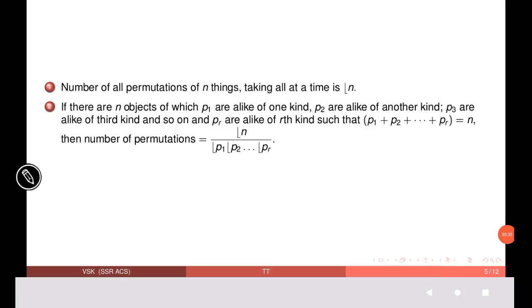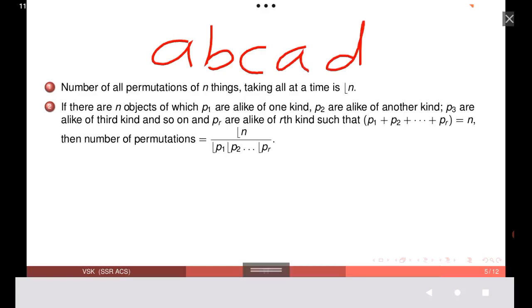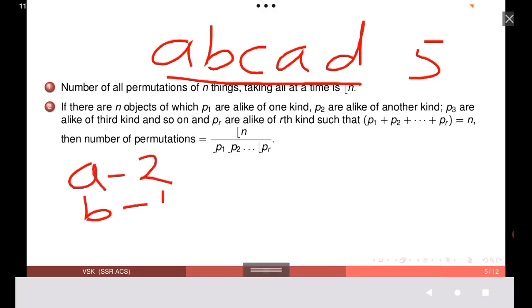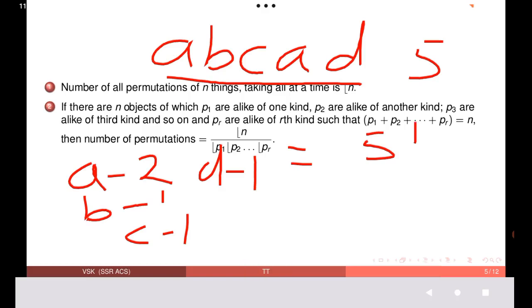For example, if you are given the word A, B, C, A, D, so you can see there are 1, 2, 3, 4, 5 letters, and we have to arrange 5 letters. And here you just see A is repeated 2 times, B is 1 time, C is 1 time, and D is 1 time. So according to this formula, the total arrangements will be factorial 5 divided by factorial 2, because A is repeated 2 times, and B, C and D are repeated 1 time.